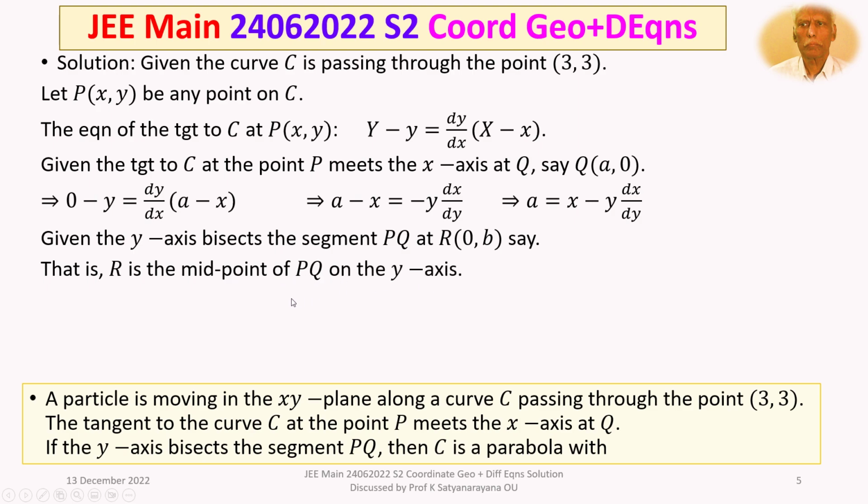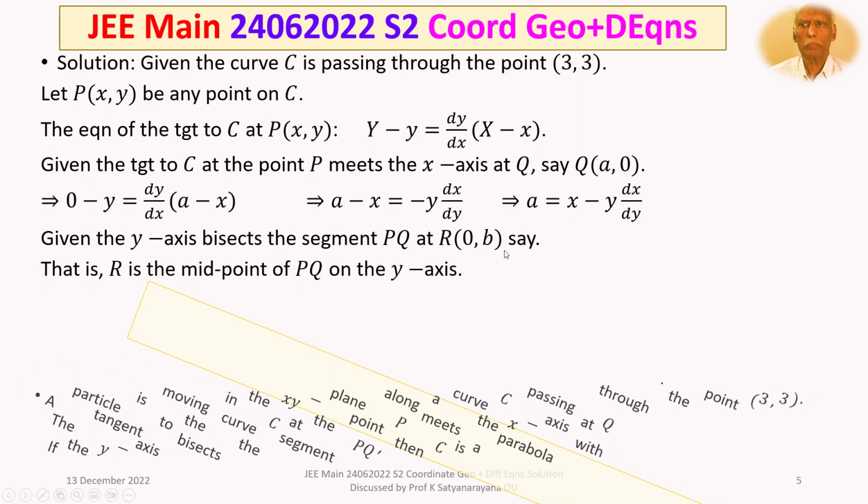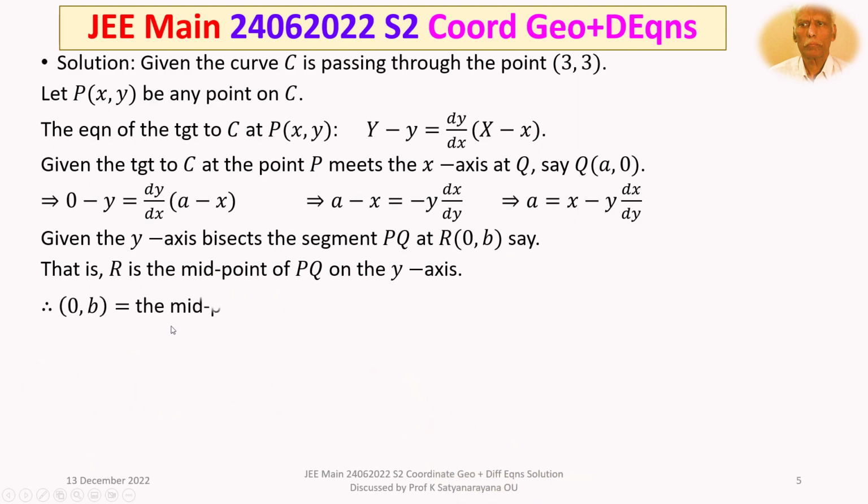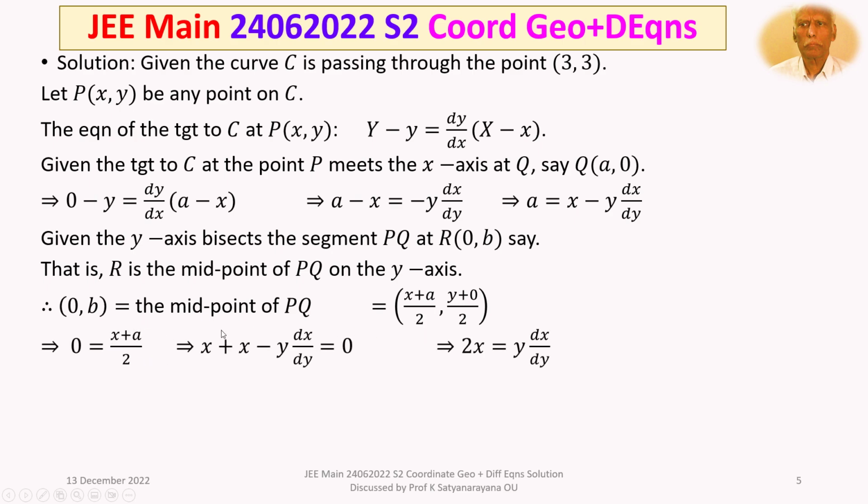The coordinates of P are (x, y) and of Q are (a, 0). By the midpoint formula, (0, b) is equal to ((x plus a)/2, (y plus 0)/2). So (x plus a)/2 is equal to 0, that is x plus a is equal to 0.